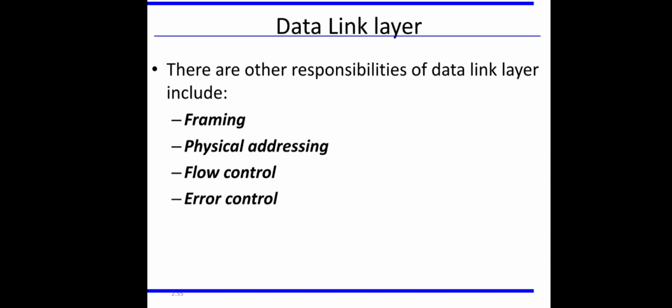And next is error control. The data link layer adds reliability to the physical layer by adding mechanisms to detect and retransmit damaged or lost frames. Individual bit corruptions will be handled using checksums, and the data packet itself may be lost or damaged.